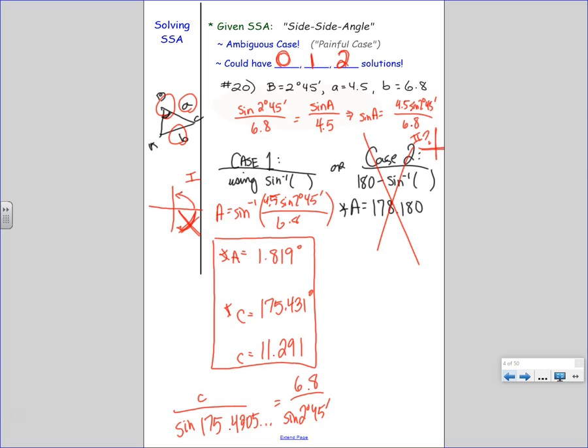Case 2 says, nah, we gotta look in the second quadrant, and the way to do that is 180 minus. Use that symmetry. If we have an angle here, we can find its associated angle in the second quadrant just by taking 180 and taking away that original angle. So case 1, sine inverse and go. Case 2, 180 minus sine inverse.